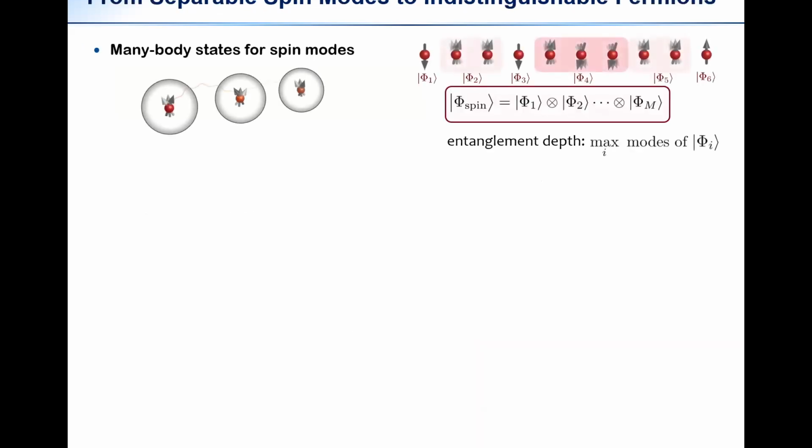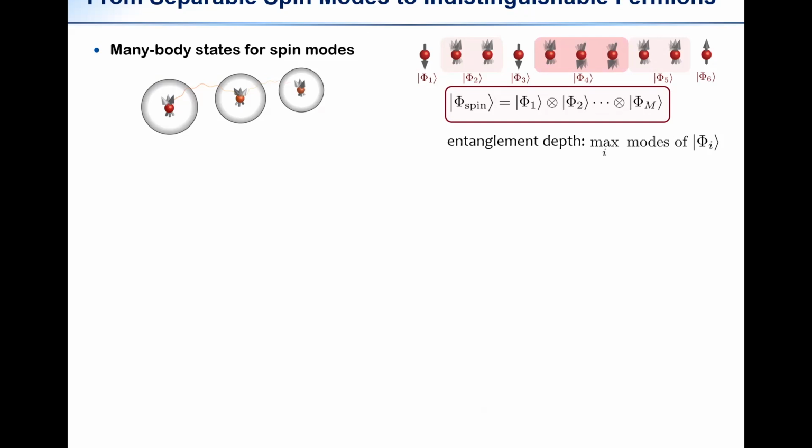What I want to talk about in the second half of the talk, the real part of the work, is that we have something slightly different when we move from the spin system to the electronic system. In the many-body spin system, we have separable modes, and we can identify distinguishable modes.